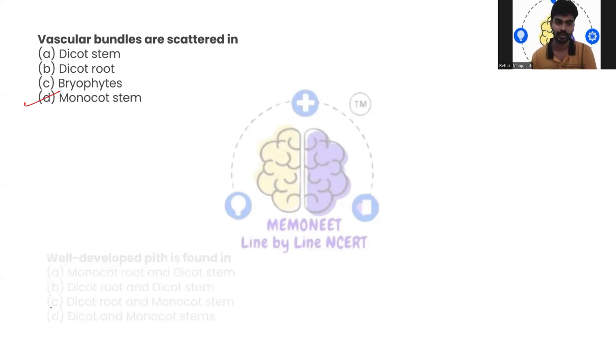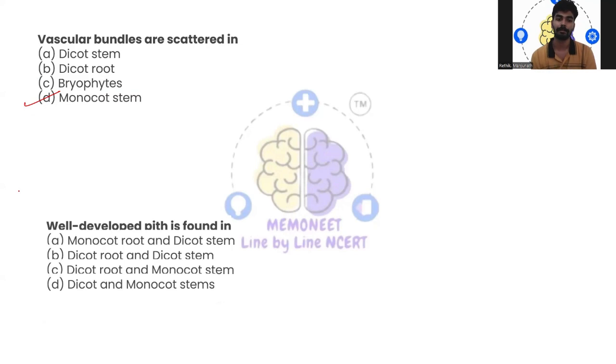So we'll move to the next question. Well-developed pith is found in. So exactly where do we find it? Well-developed pith is found in the stem and root. So we observe a well-developed pith in monocot roots and dicot stem, or dicot roots and dicot stem, dicot roots and monocot stem, or dicot and monocot stem.